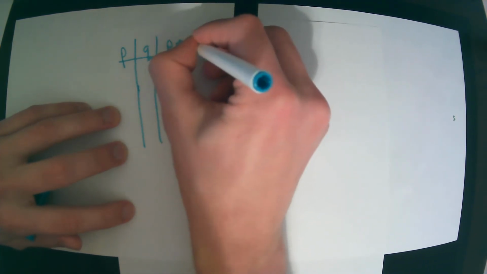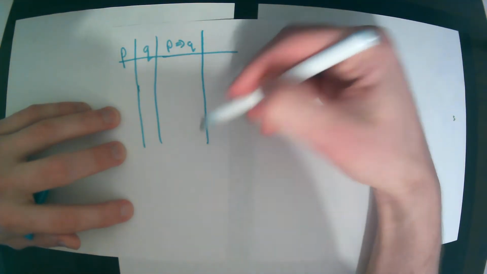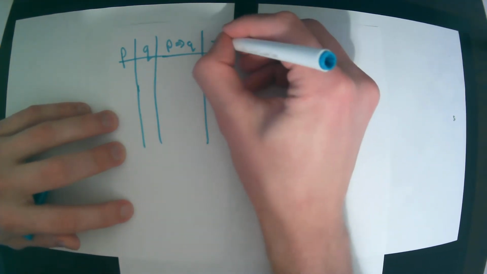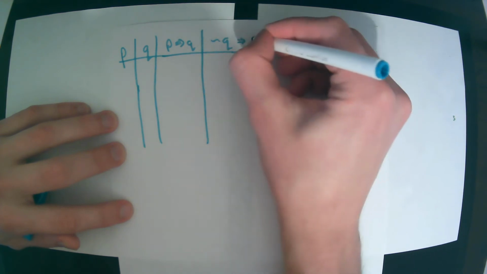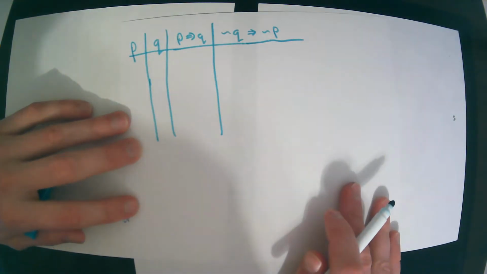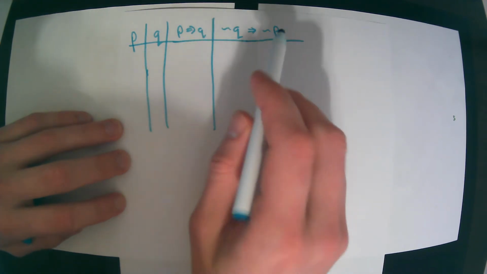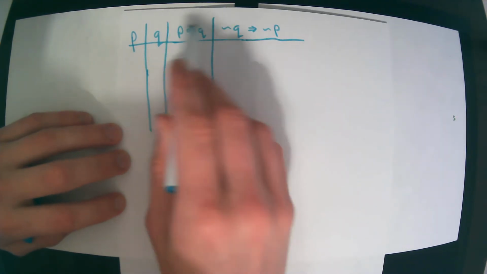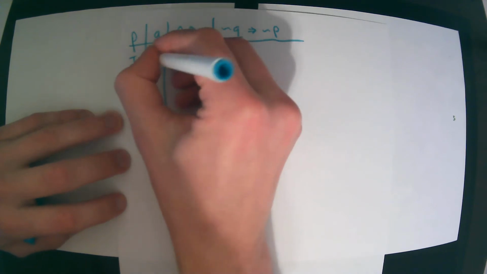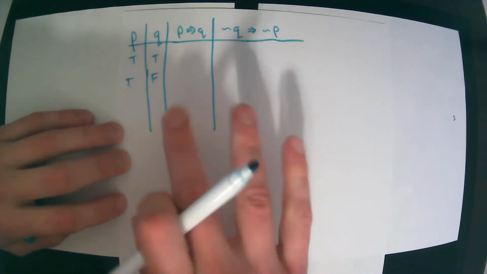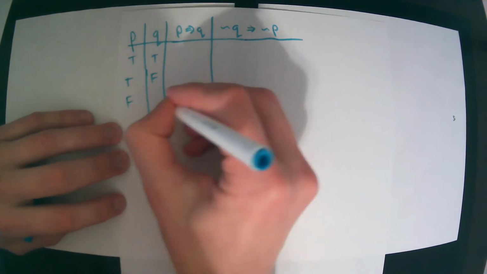Earlier I read an example with the coffee and told you that the statements are the same, and I even used it in that example of the definition of logical equivalence, that the contrapositive is the same as the original conditional. But now I'm going to officially prove it by comparing their two truth columns.